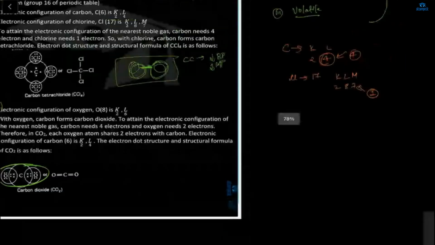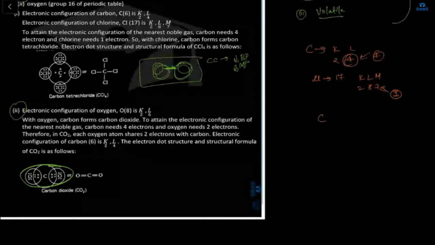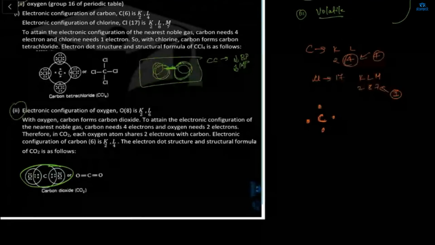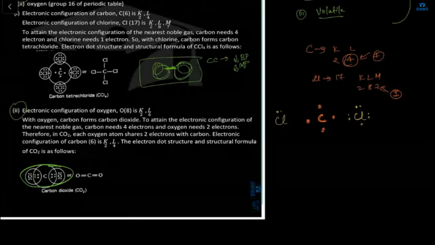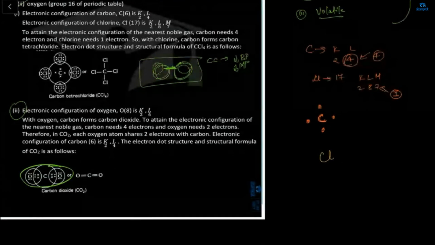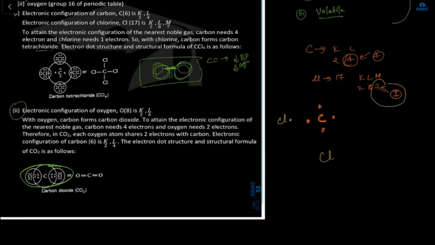So how will we draw this? Carbon has 4 electrons in the outermost shell, and chlorine has 7. I'm sorry, we will not draw it like this; we will draw it like this. Because chlorine needs only one, we have to show only one shared electron here. So chlorine has 1, 2, 3, 4, 5, 6, 7 electrons, and it needs 1 more. Carbon needs 4, so it will combine with all four.